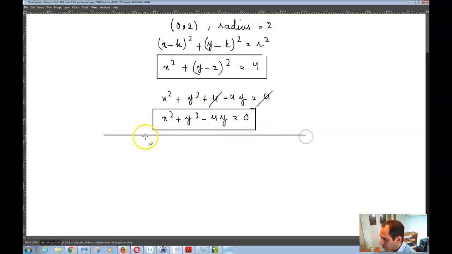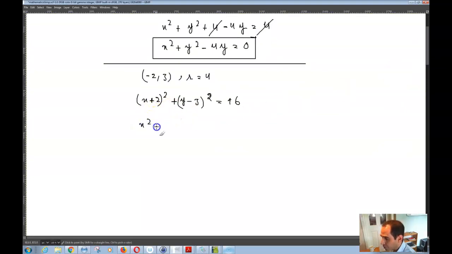Now suppose that, for example, your center is at (negative 2, 3) and your radius is 4. So again, x minus h, which is (x plus 2) whole squared, plus (y minus 3) whole squared is equal to r squared, which is equal to 16. So that means x squared plus 4 plus 4x plus y squared plus 9 minus 6y is equal to 16.